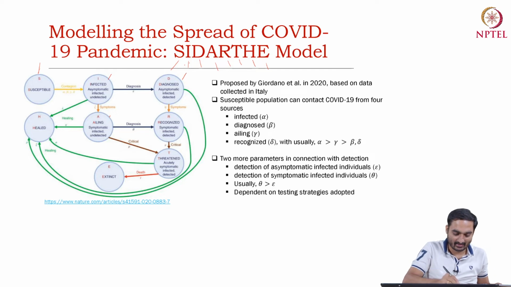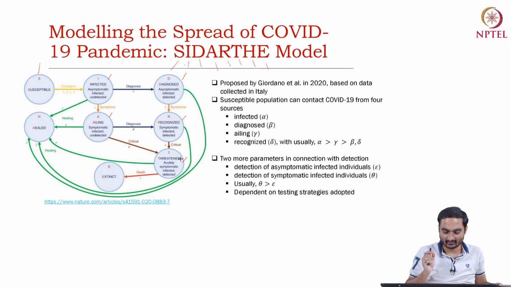Then we have A, which is ailing, symptomatic infected but undetected. They have symptoms, but are undetected so far. And then we have recognized, symptomatic infected and detected. Then we have the T state, which is threatened.